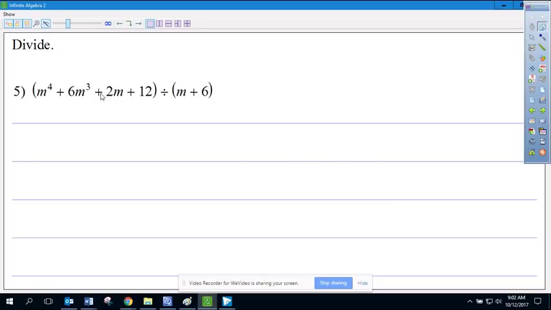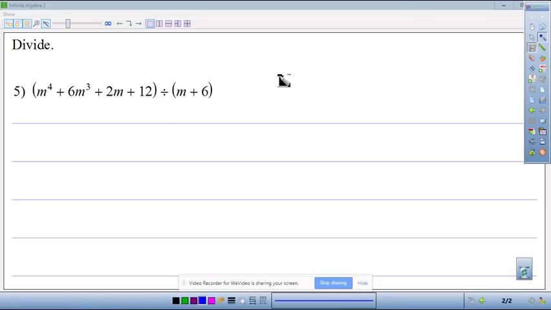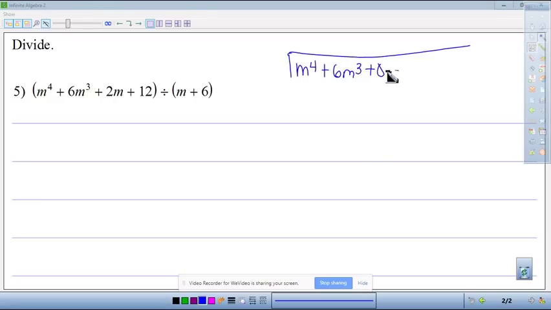All right, now I have a 4th degree polynomial divided by a linear polynomial. So I get m to the 4th plus 6m cubed plus 0m squared plus 2m plus 12. And we are dividing this whole thing by m plus 6.